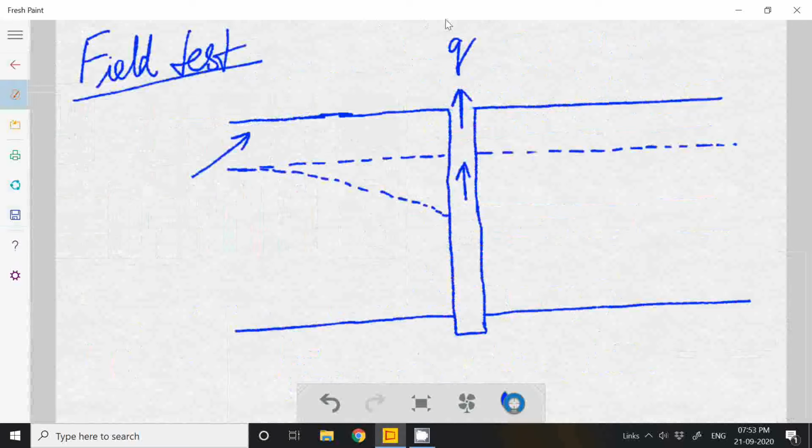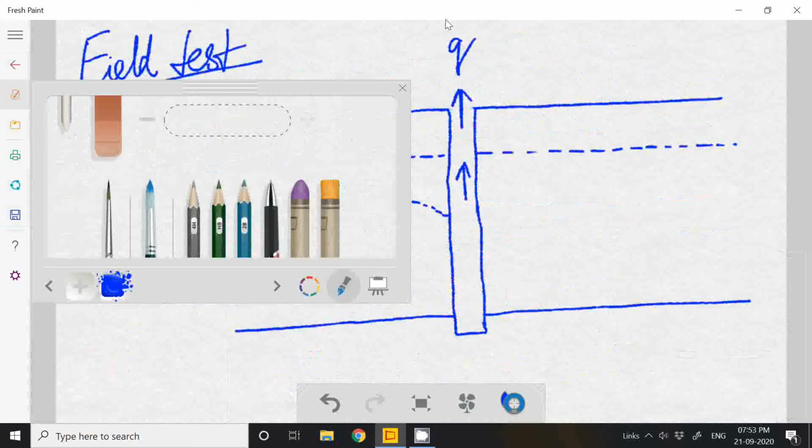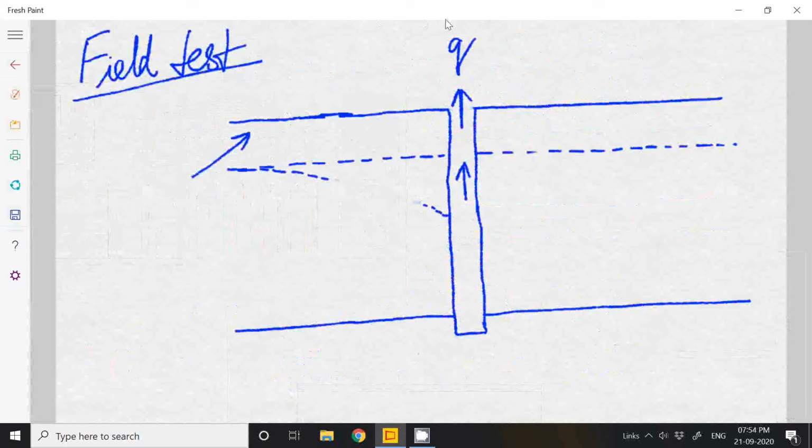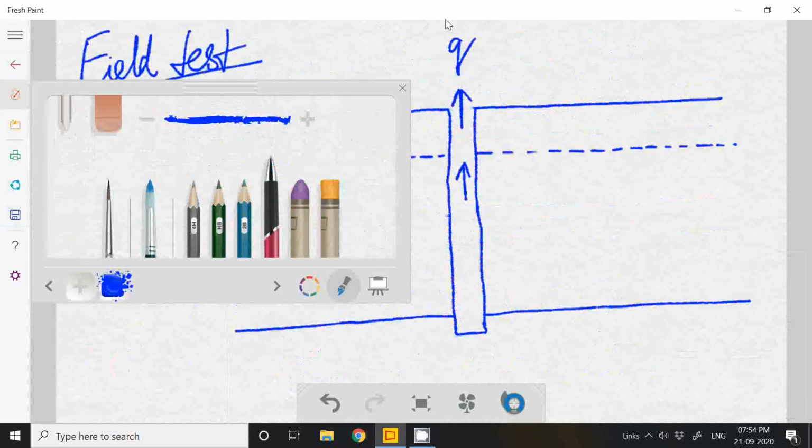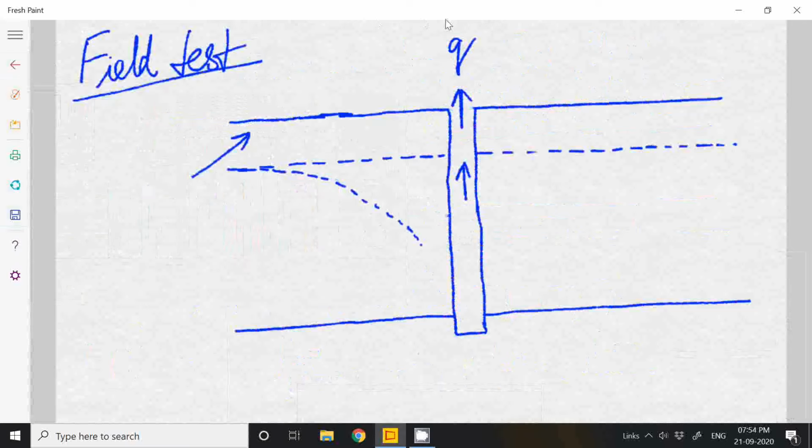I will make a much clearer picture. So water will get depressions like this because the water is getting pumped out. Initially the water level was here. Now the water level gets depressed.